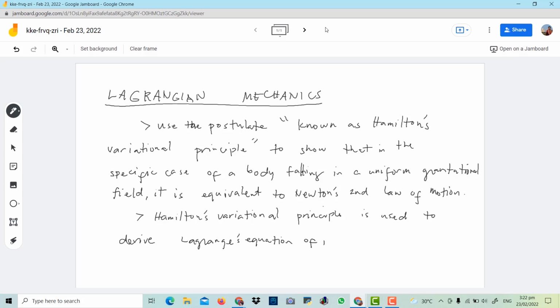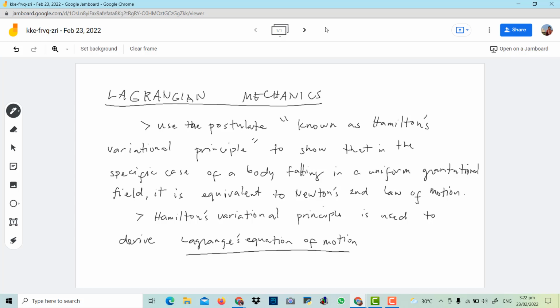Okay, of motion. So basically sa Lagrangian mechanics is ang pinaka-heart niya actually is kaning the Lagrange equation of motion. It is a differential equation.